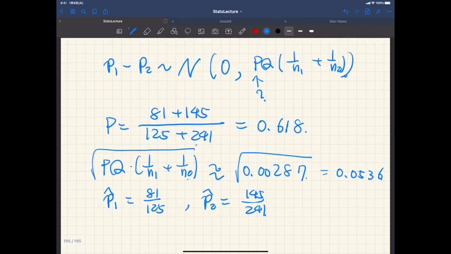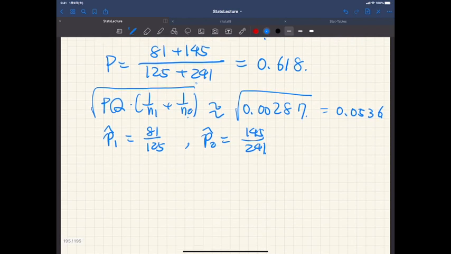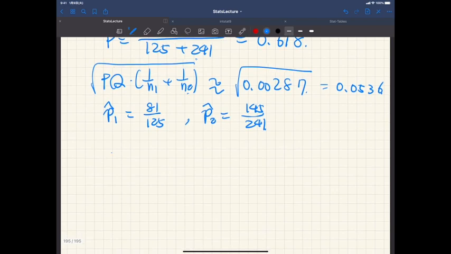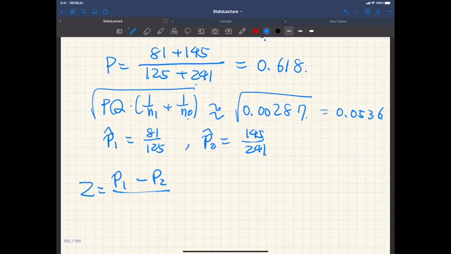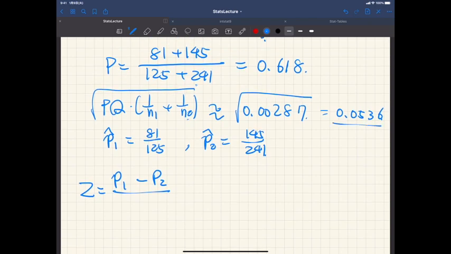If this difference follows the normal distribution, then what's the probability that Z, so p1 minus p2 over this standard deviation, let's say this is sigma, is greater than this value?